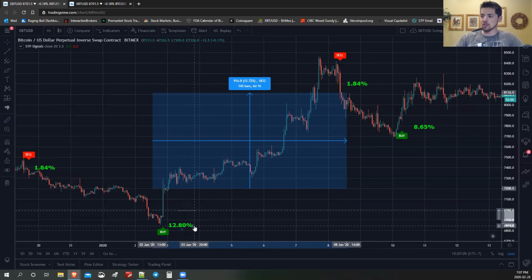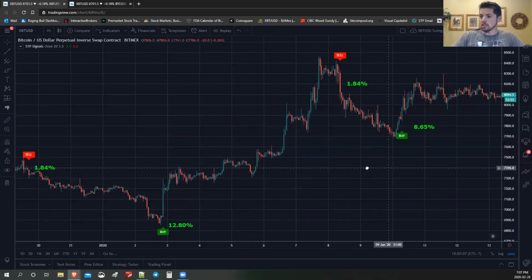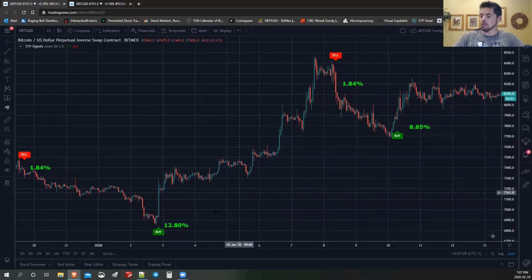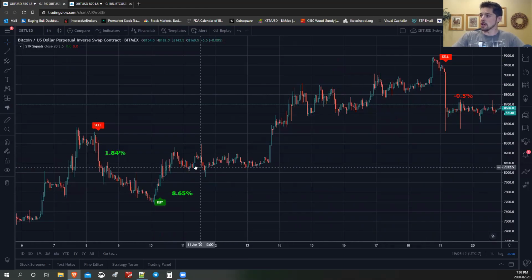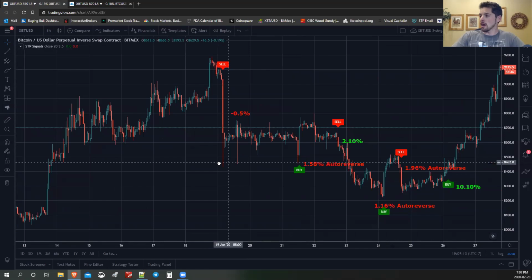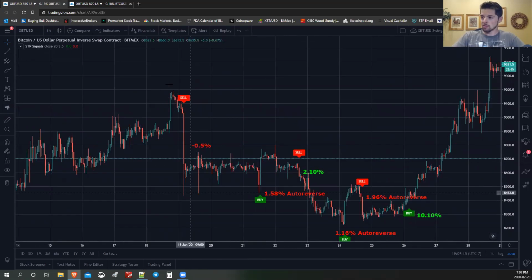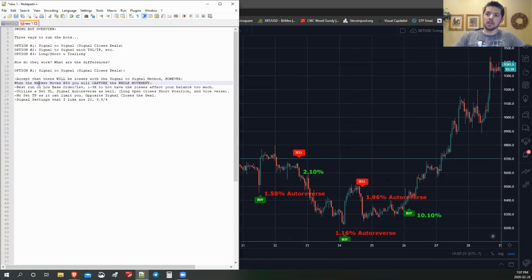This is net of fees, obviously, but you could see where once a big move comes in, you're going to get it, right? You will have times where you get chopped out. This isn't great. This signal you lose here and you lose there, right? But at the end of the day, when the market moves big, you will capture the whole movement.